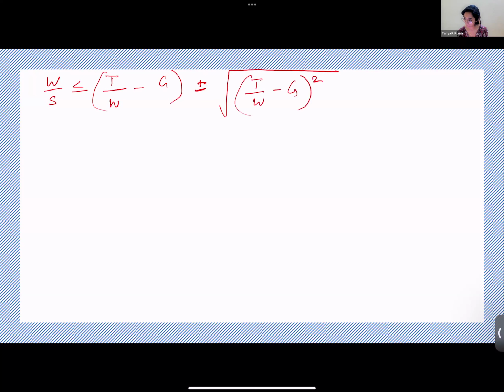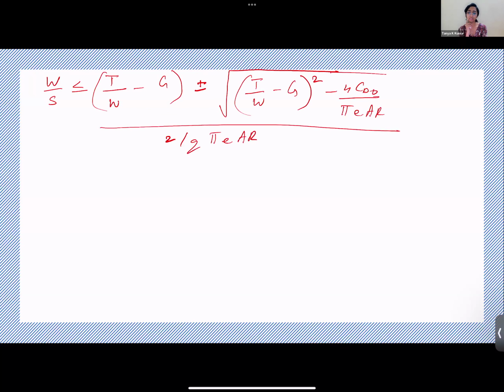Wing loading is less than or equal to, first was thrust loading minus G, plus or minus under root of thrust loading minus G square minus 4 CD naught by pi E AR, by denominator was 2 upon Q pi E AR.